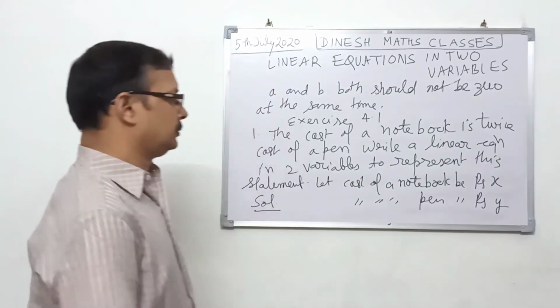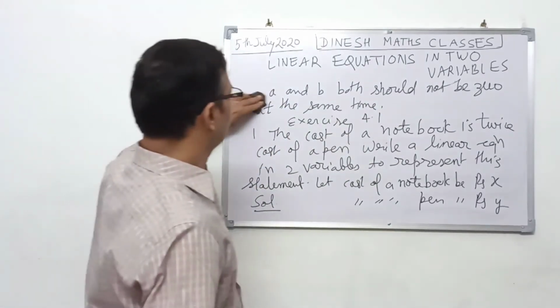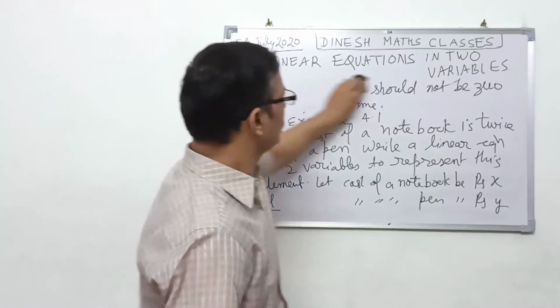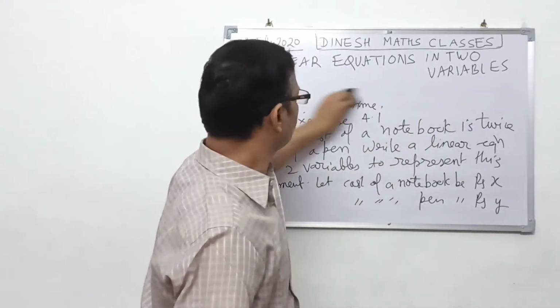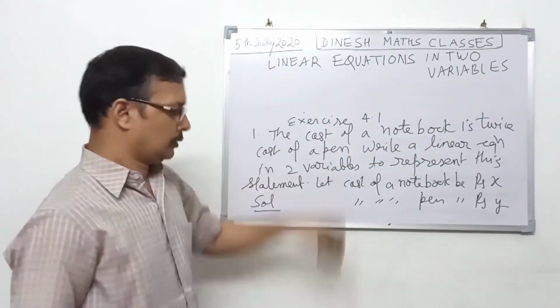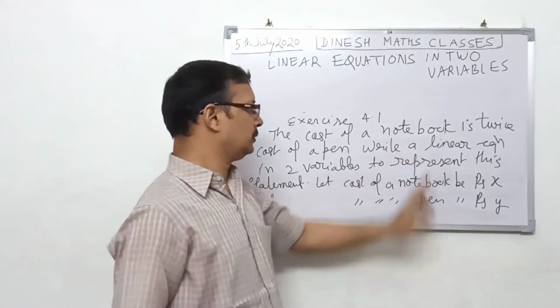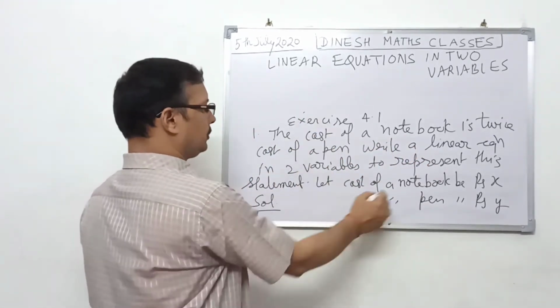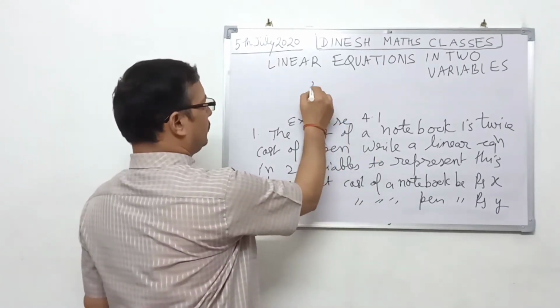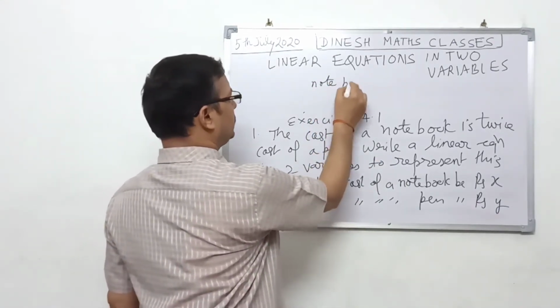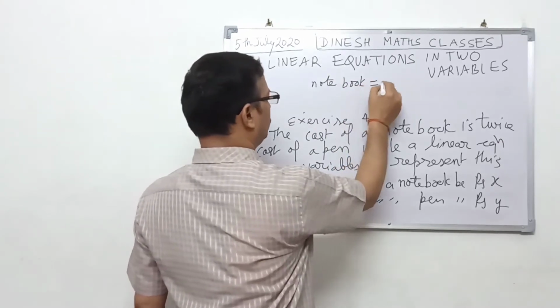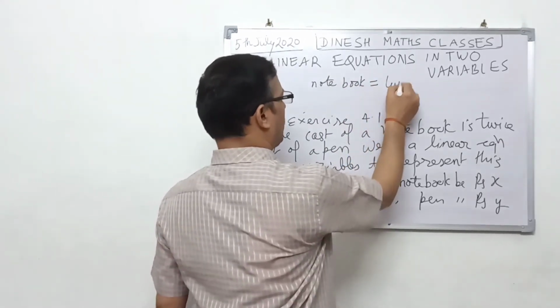And now see the condition given in the question. The question says that the cost of a notebook is twice the cost of a pen. So notebook is equal to twice pen.